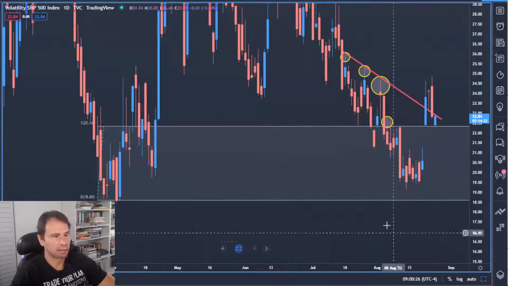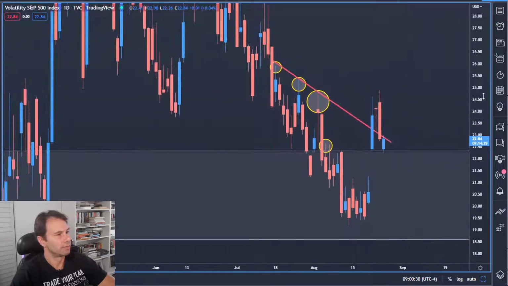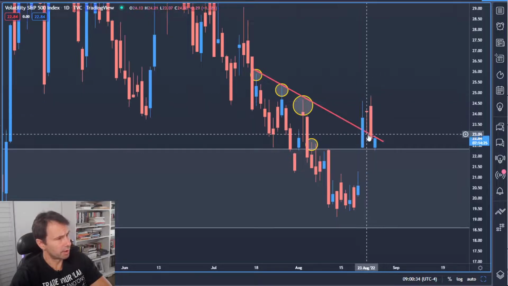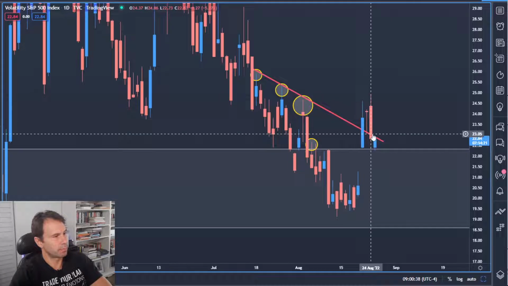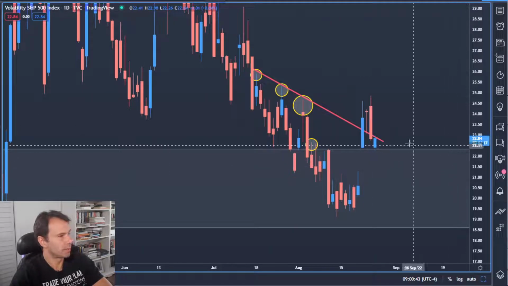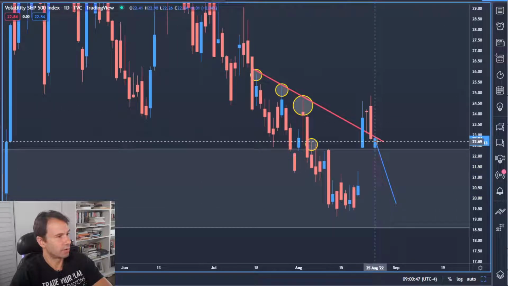Another asset that I like to check is the VIX. The VIX broke the trend line temporarily, was holding here. Now we're down, we're back to this point, right? I would expect the VIX to come down from here, so that's my higher probability scenario.